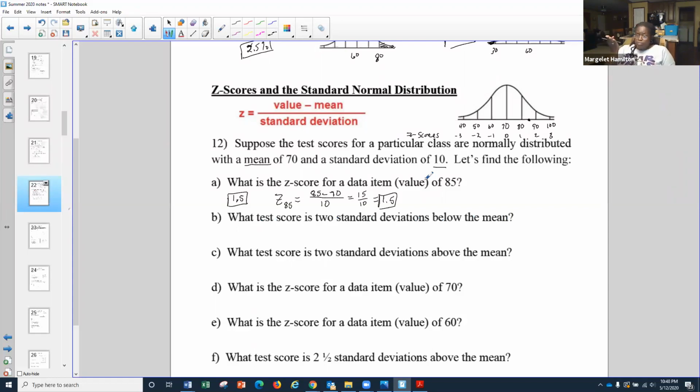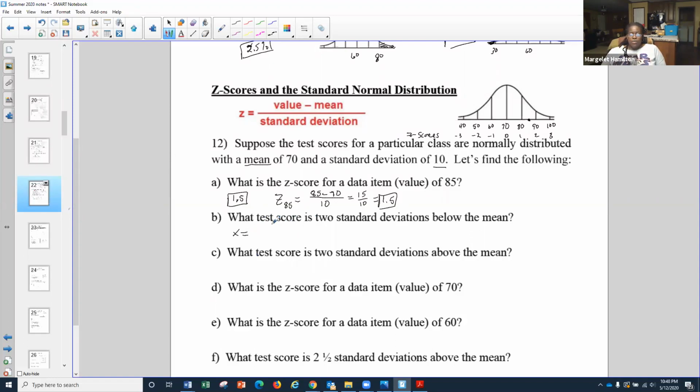We're looking for X, because it says, what is the test score? That's our X. X equals, right? Because equals is. And sometimes you may have to write things a little invertedly based on the wording they give us.